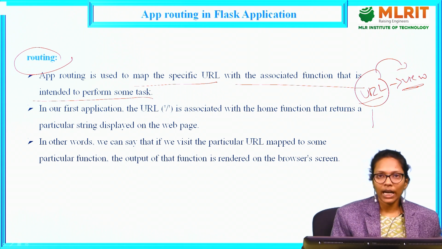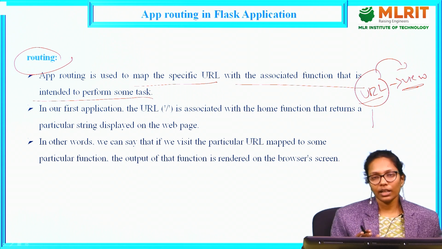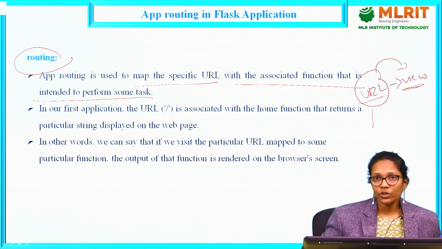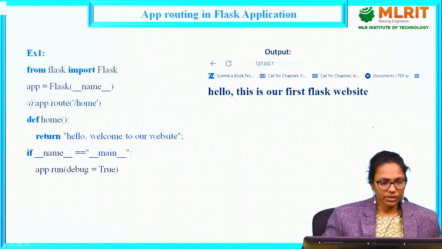That means whatever the IP it is giving, just paste that IP as it is, and you will get the output. The same way, you can also pass different variables from the URL. You can pass a string value, an integer value, a float value, whatever you want, and whatever conditions you want to set for your URL, you can set them using this routing process.